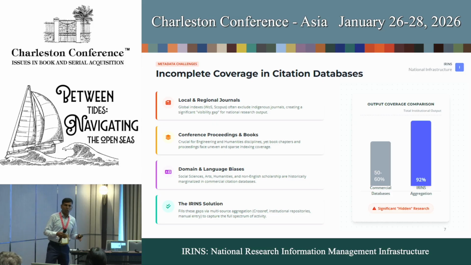For example, as of today, we have near about 4 million publication metadata in the IRINS platform, of which we identified only about 55% came from citation databases such as Scopus or other repositories, while for the remaining data, the individual faculty member or respective librarian feeds it to the system.